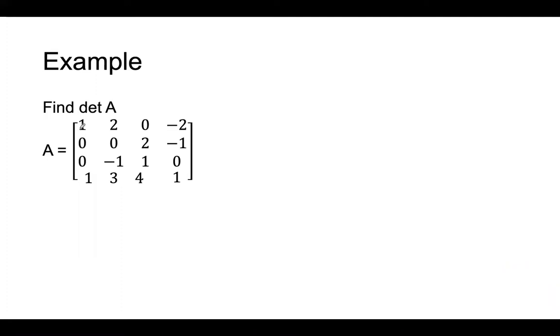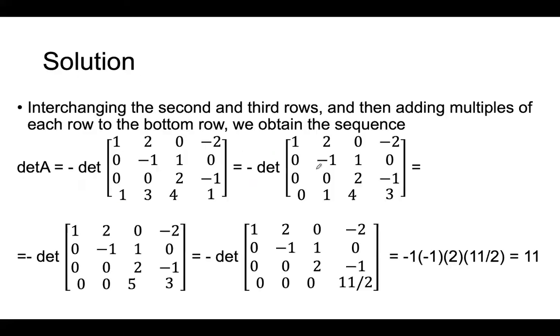So we see it's almost in an upper triangular format. But there's a 1 and a 3 here, and a negative 1 there. So we might want to switch these, flip these. But if we do this, we have to keep track of the interchanges.